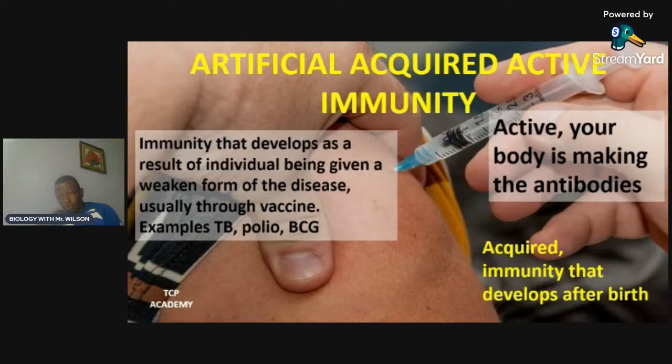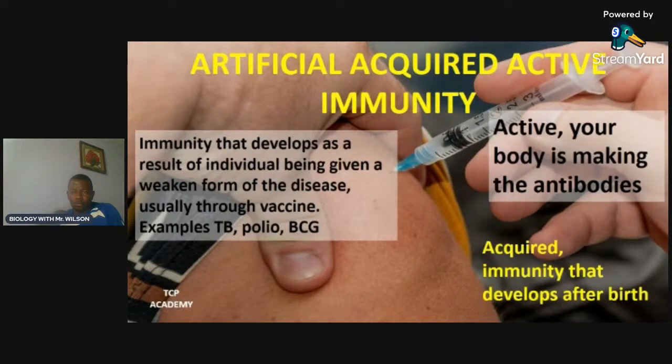So with this type of immunity, artificial acquired active immunity, the immunity developed as a result of the individual being given a weakened form of the disease. The disease here is weakened by heating, or we could use formalin, or we could re-inject several times, and of course weaken the pathogen to a manageable form that can be injected in someone.